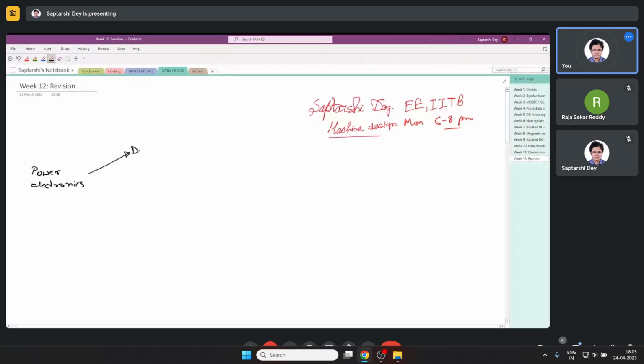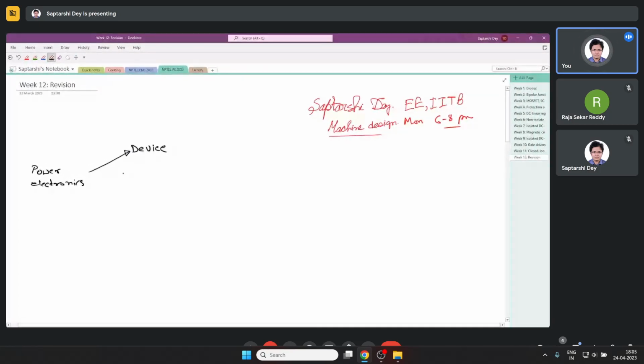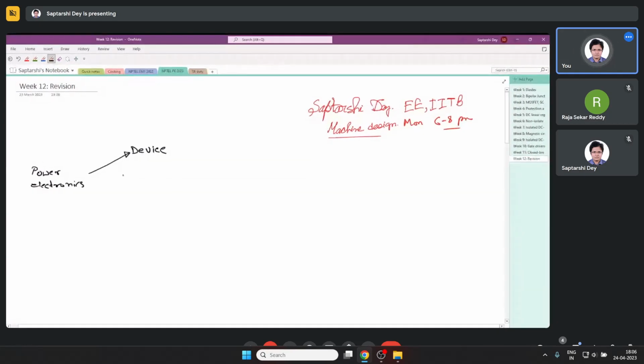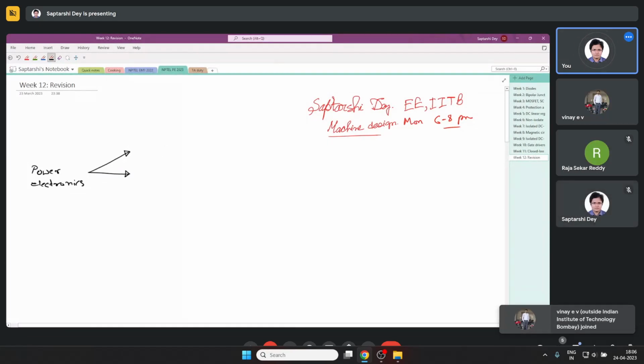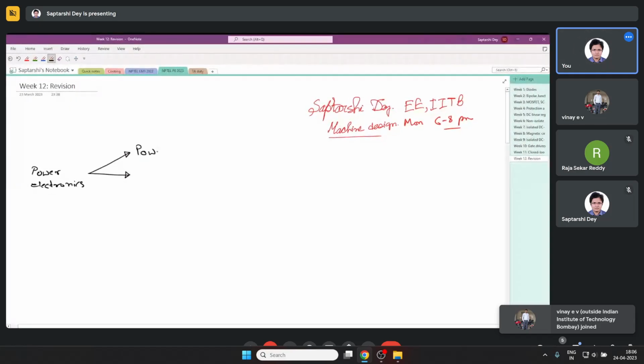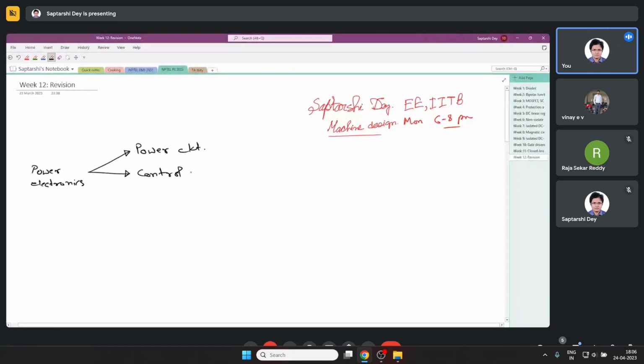One part is the device, or component, part. Let me put it in this fashion, that there are majorly two parts. One is the power circuit and the other part is the control circuit.